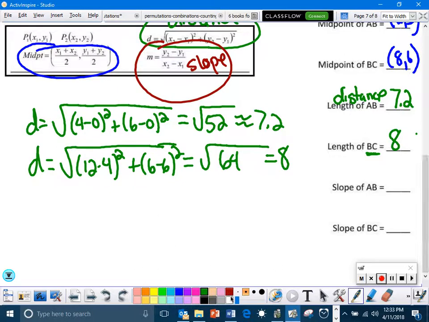And now the slope. So the slope of AB is (6 minus 0) over 4 minus 0.